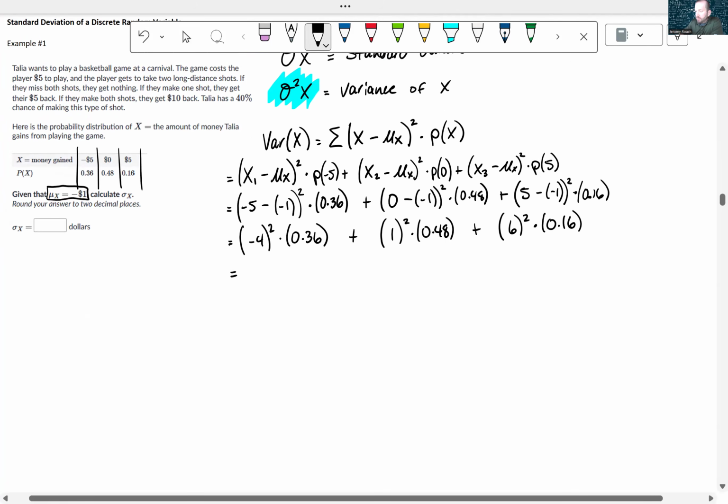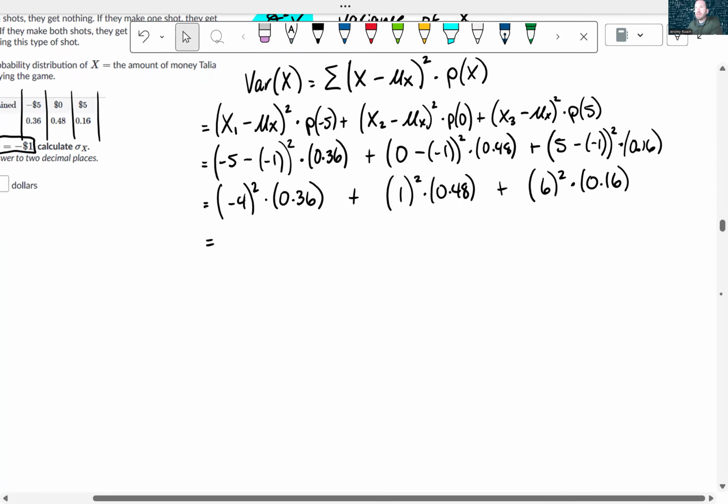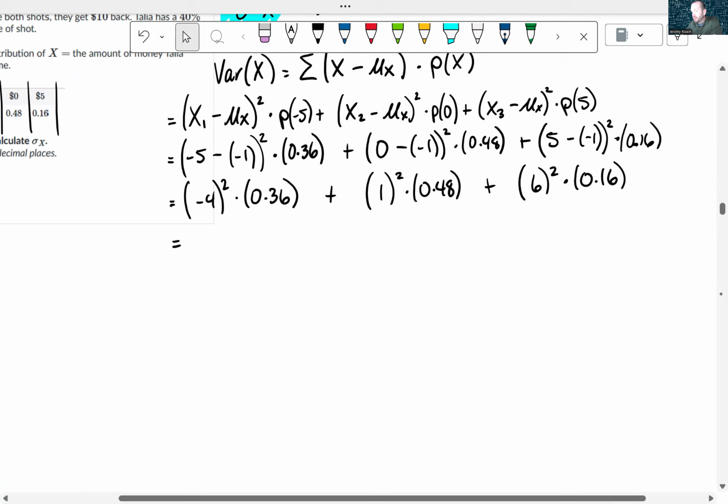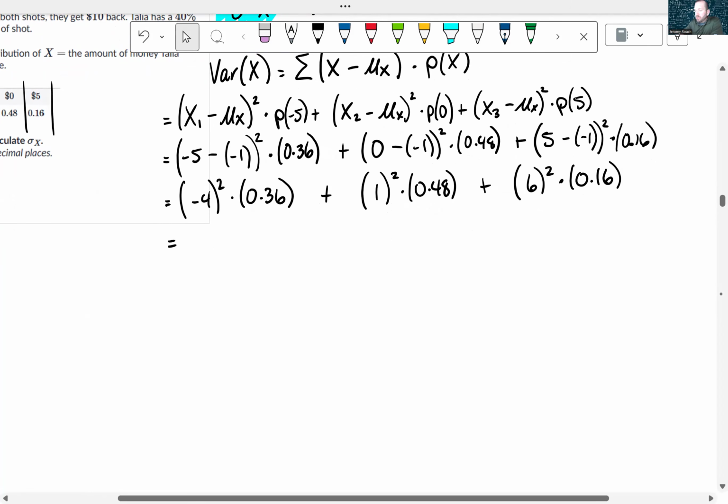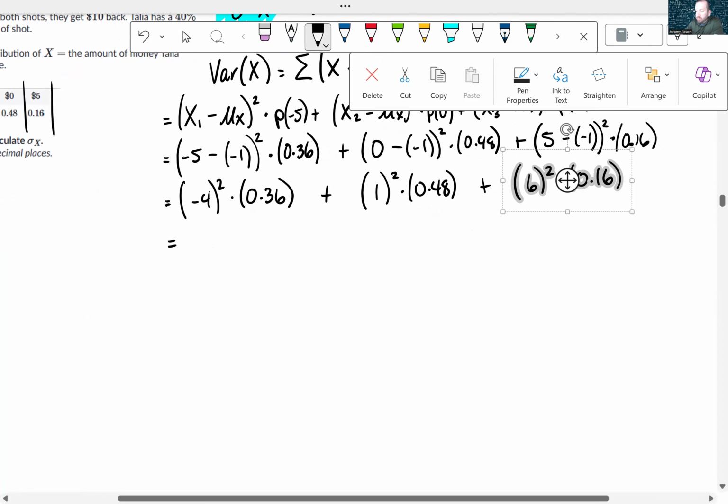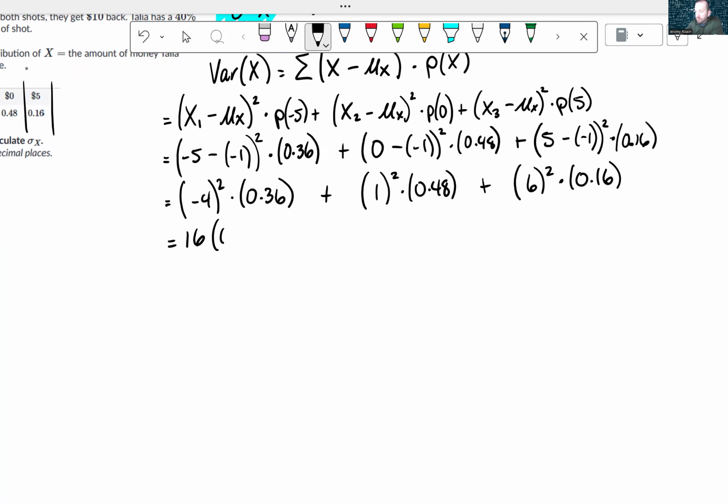It's nice that they give us these probability values in this problem. It's not always going to be the case in a real world situation, but we have the data to calculate this in this case. All right, so let's keep going. Remember, when you square a negative, you get a positive, so 16 times 0.36 plus 1 times 0.48 plus 36 times 0.16.